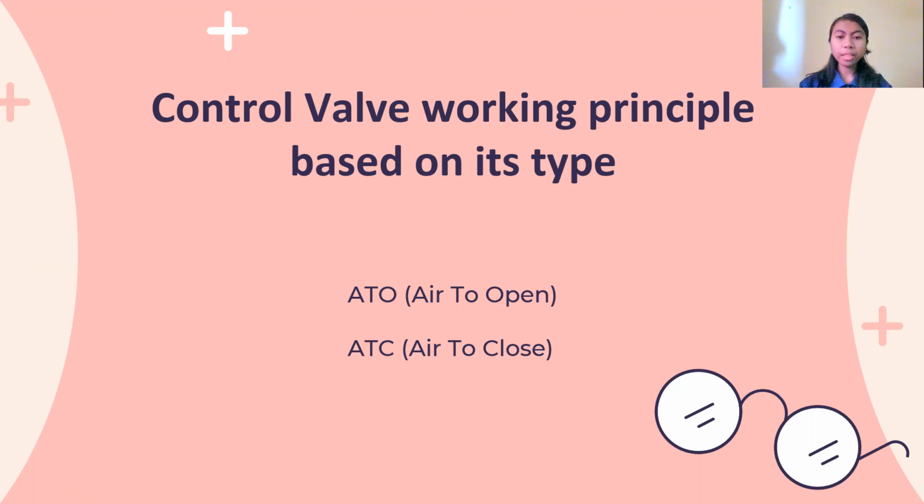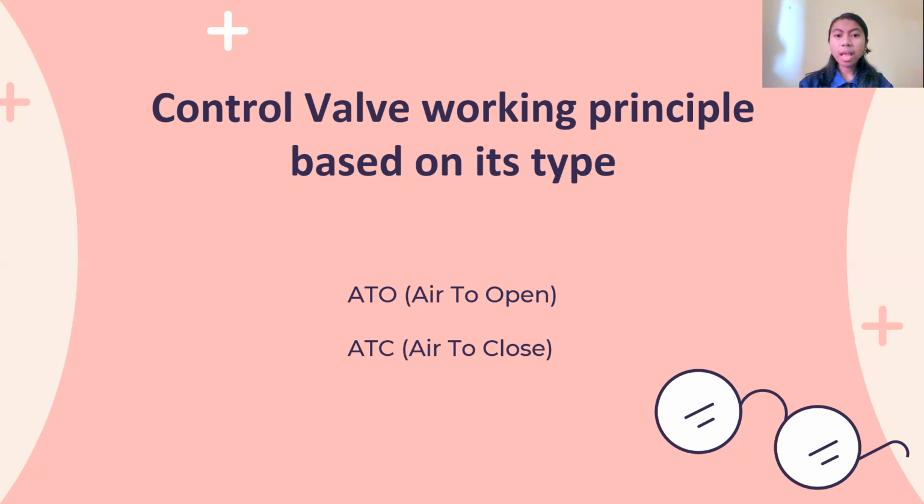The air to open type works when the control valve gets a signal, and the control valve will open. In this type, the pneumatic actuator and control valve open if compressed air is supplied by the air compressor.